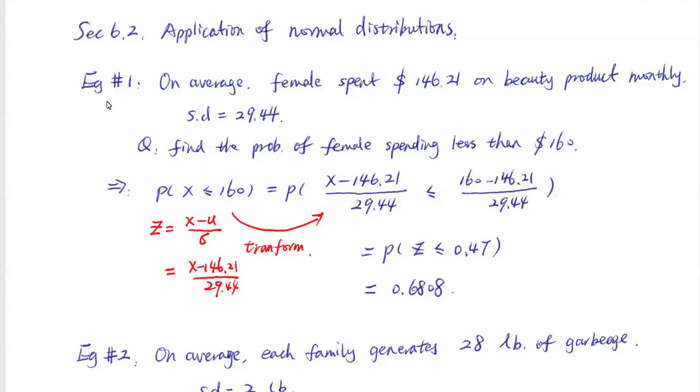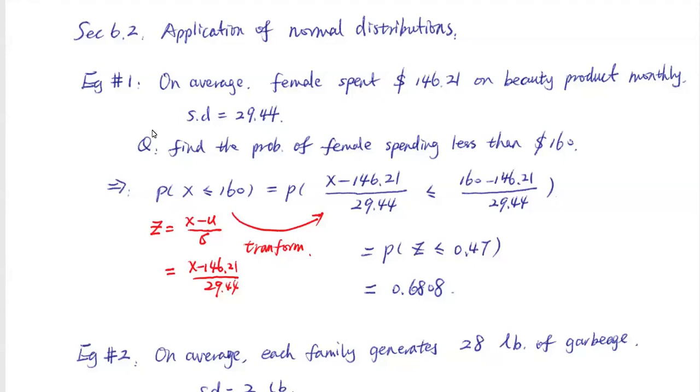Now, example number one here. On average, we are given this information: female spending $146.21 on beauty products every month. Standard deviation, $29.44.